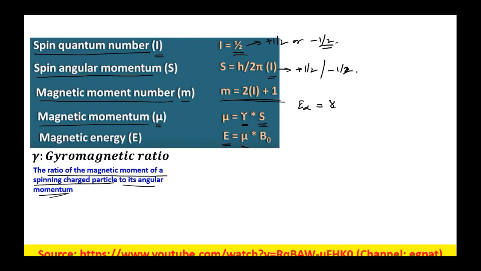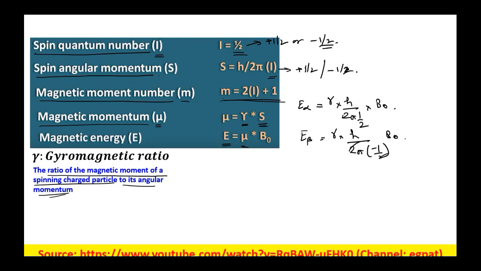So gamma into h by 2 pi into half multiplied by B0, and E beta would be the same, gamma multiplied by h by 2 pi, minus half B0.